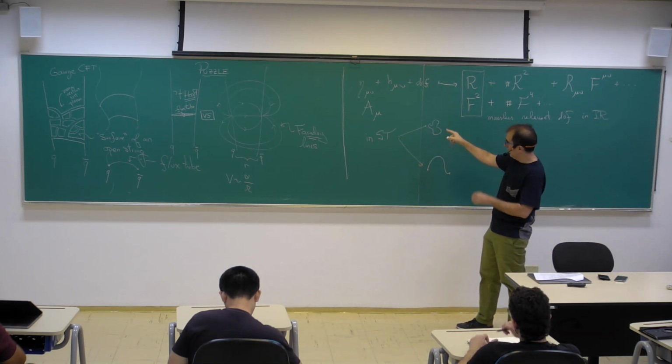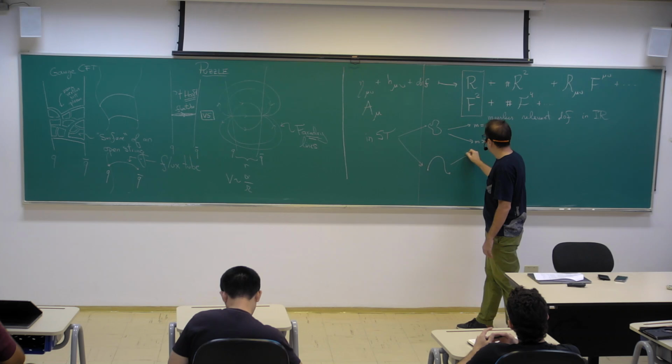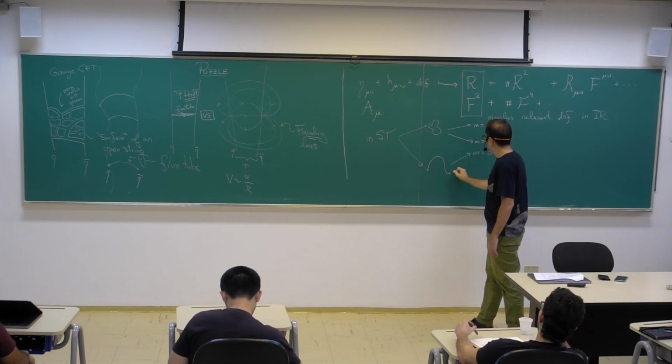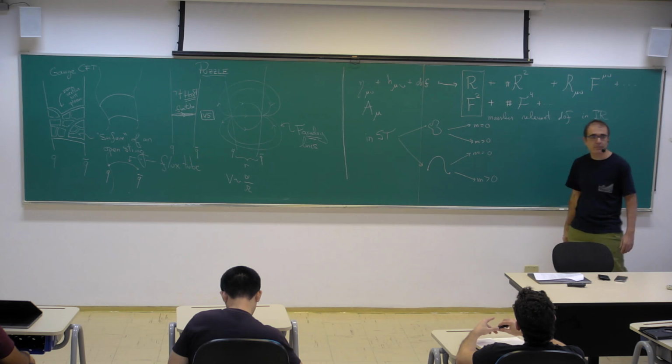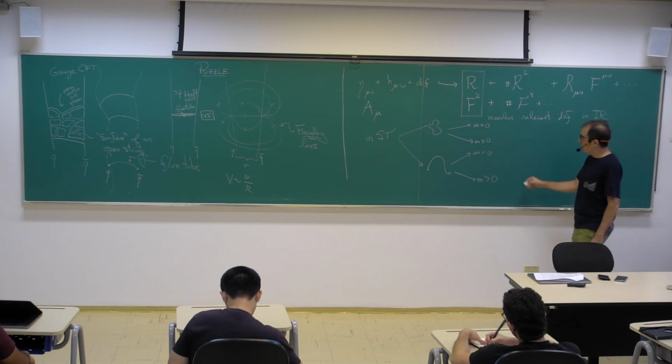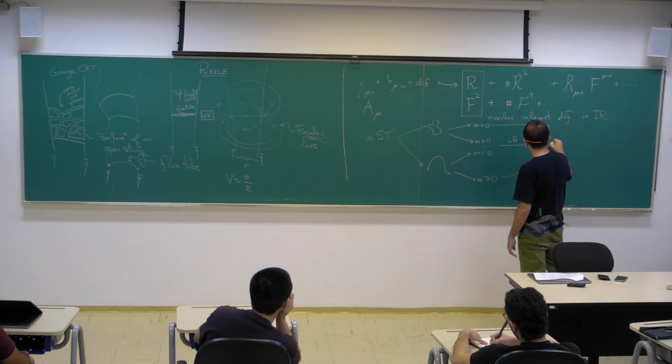When you zoom out, they look like point particles, but they separate further into massless strings and massive stuff. And if I go to low energy, I keep only the massless stuff, first of all.